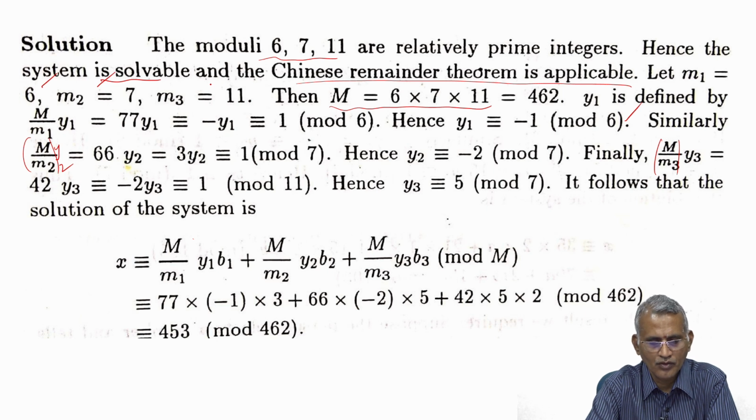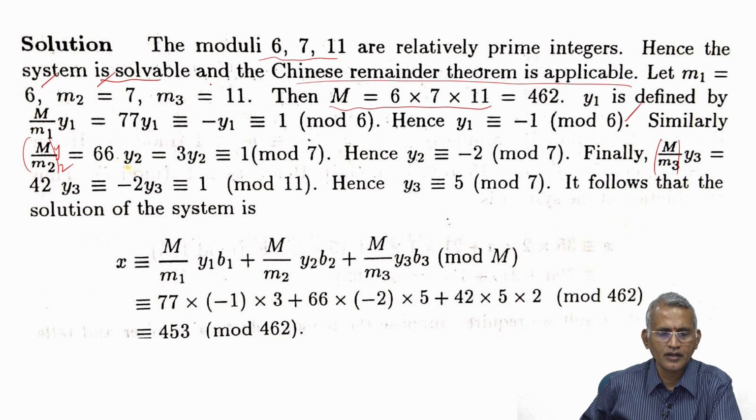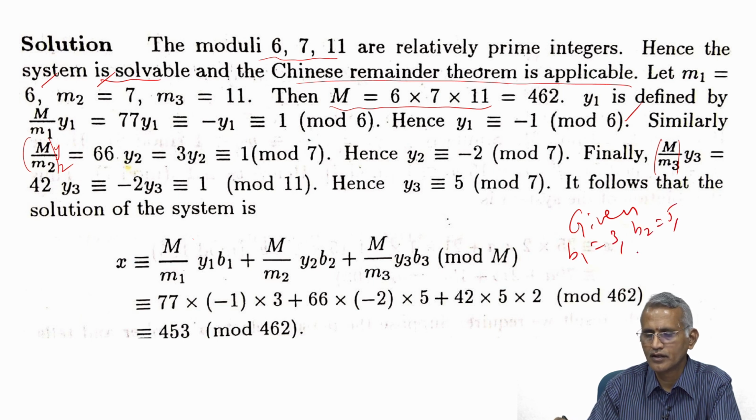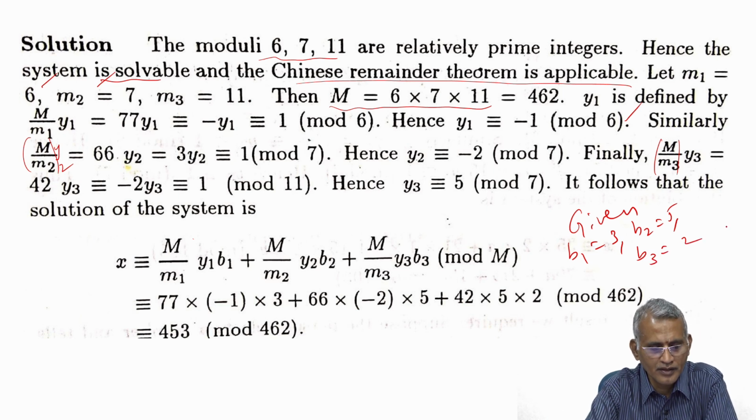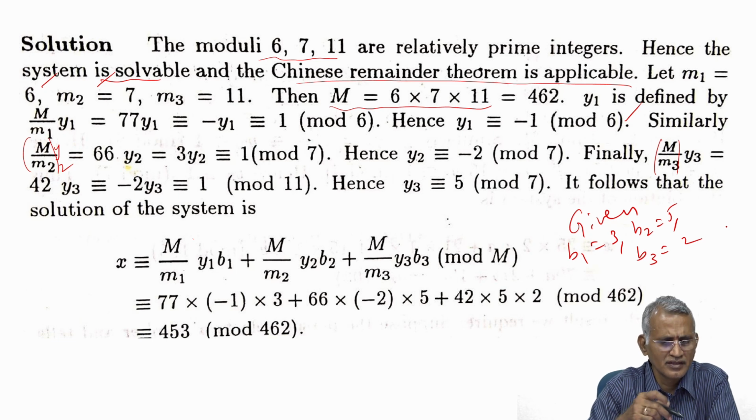The corresponding b values you have to take from the question: x is identically equal to b1 under modulo m1, x is identically equal to b2 under modulo m2, and x is identically equal to b3 under modulo m3, given b1 equal to 3, b2 equal to 5, and b3 equal to 2. So, refer to the given question and substitute in this expression.